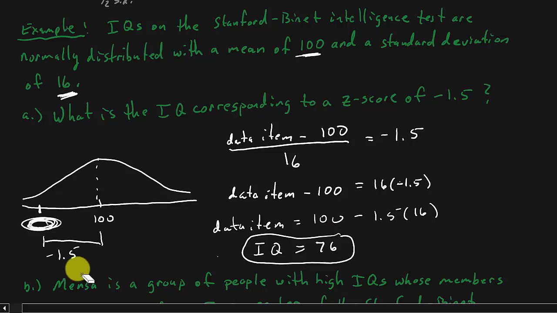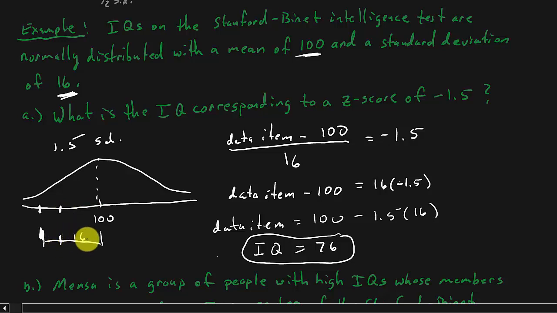Well, the other way that we could look at it, and this one's kind of easy to look at like this. Some of them may not be as easy, but remember, we're trying to get to this data value, and it was 1.5 standard deviations below the mean, right? So if I go 1 standard deviation, that distance from here to here would be 16.